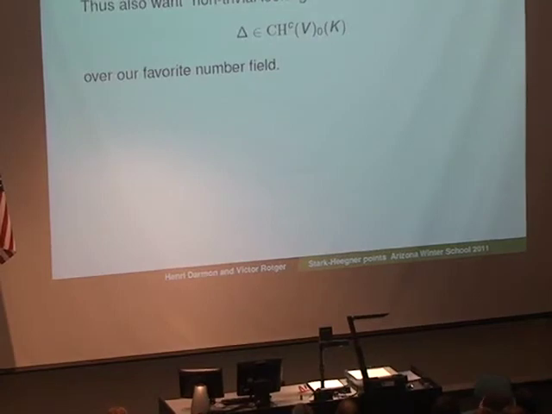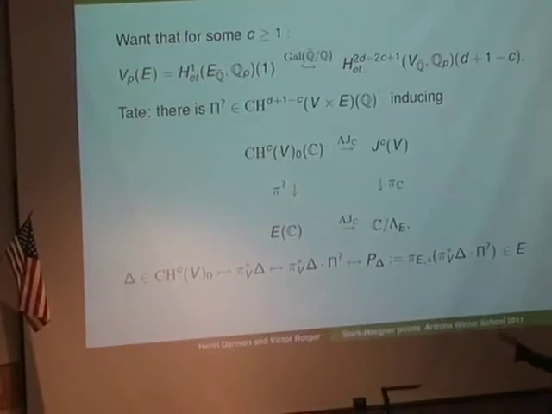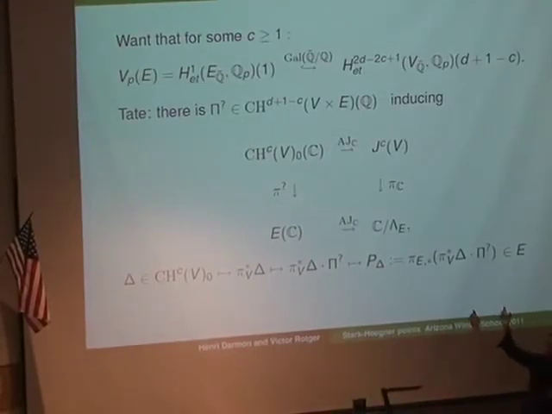Since we have this vertical map on the left, we would like to be able to construct interesting cycles on the Chow group of V. The nice thing is that this map, although I phrased it over the complex numbers because I wanted to compare it to the Abel-Jacobi map, V is defined over Q, E is defined over Q, and this map is clearly algebraic, so this is Galois covariant.